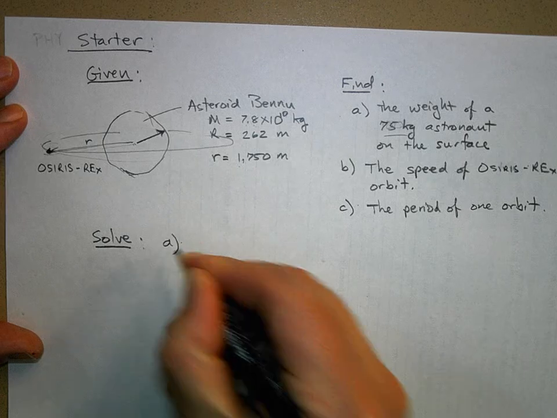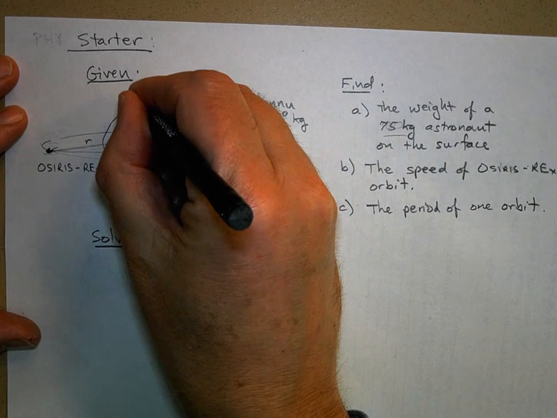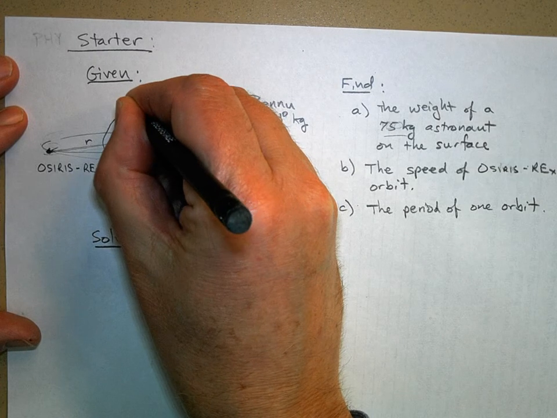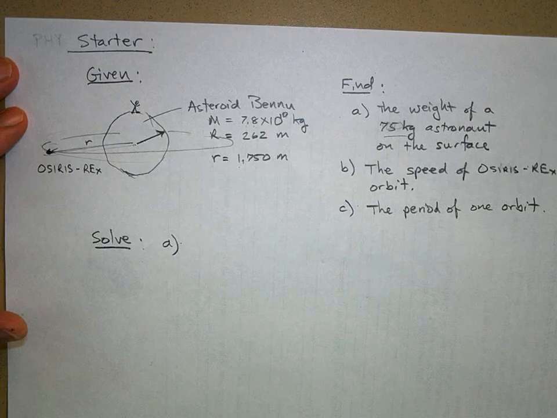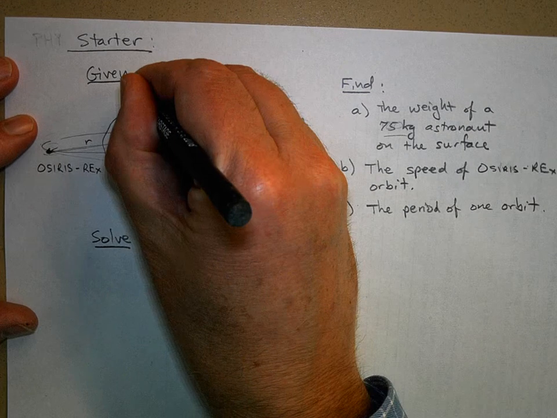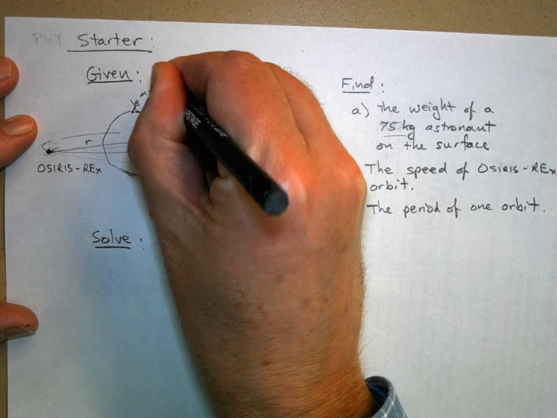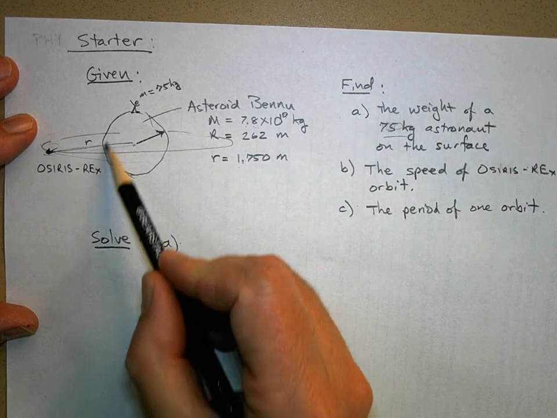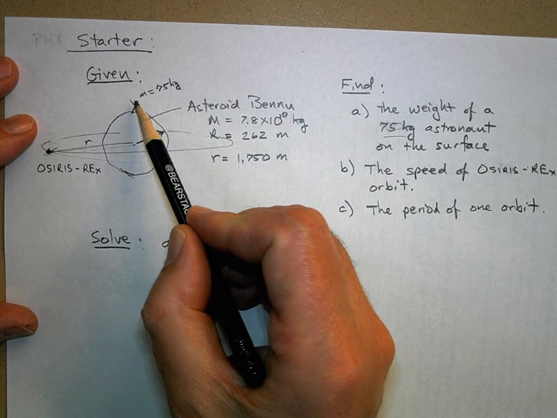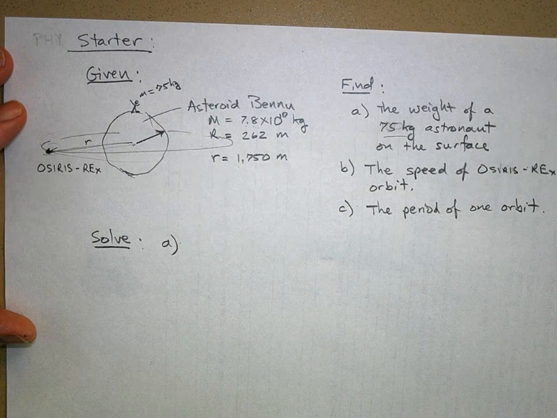So for part A, here we've got our astronaut. This is not to scale, but standing there, and they've got a mass of 75 kilograms. So we know that there's an attractive force between the mass of the asteroid and the mass of the astronaut.